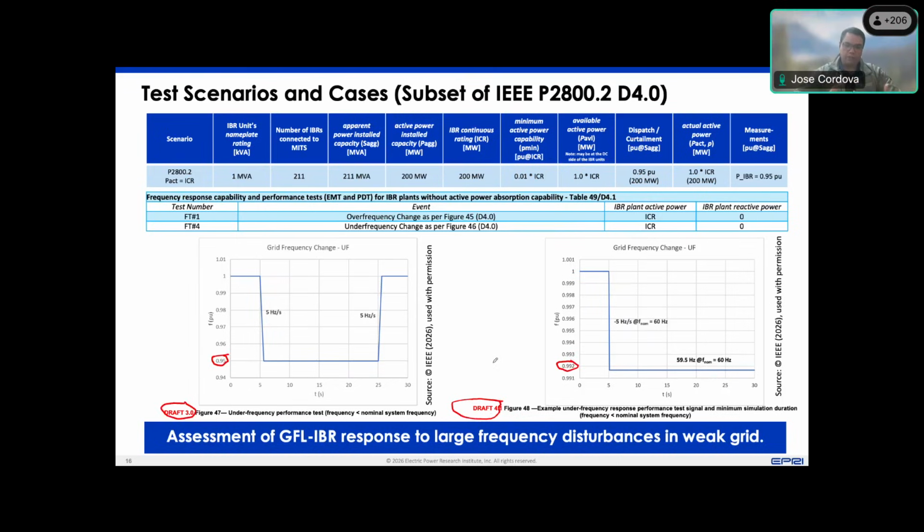It's over frequency or under frequency to a 0.5 hertz with the same slope actually of the rate of change, which is 5 hertz per second. But this was whenever with the preliminary results, as you can show in the next slide, Jens.